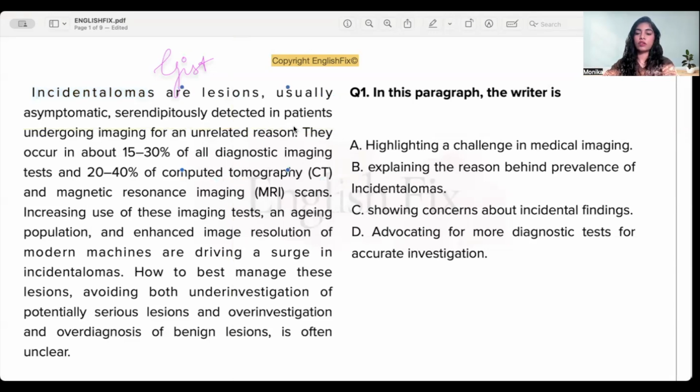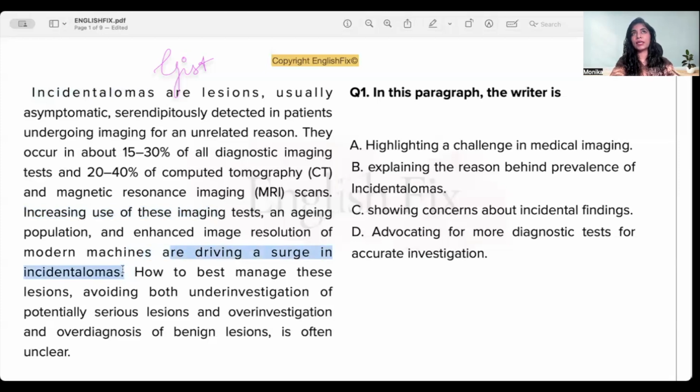It is not that common because it happens in only about 15 to 30% of all diagnostic imaging tests, and about 20 to 40% in CT scans and MRI scans. Now they have given me that the increasing use of these particular tests, the MRIs and the CTs, and all of these imaging tests, and in addition to that, an aging population and enhanced image resolution, basically the advanced technology of modern machines, are what is driving a surge in incidentalomas.